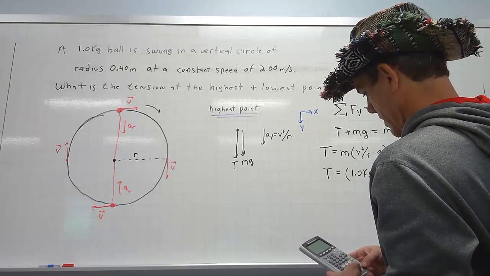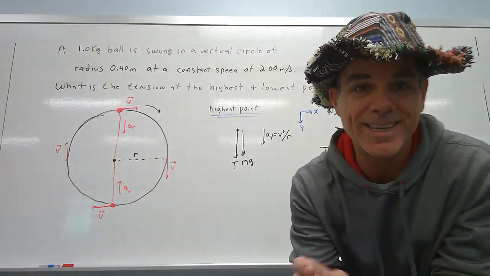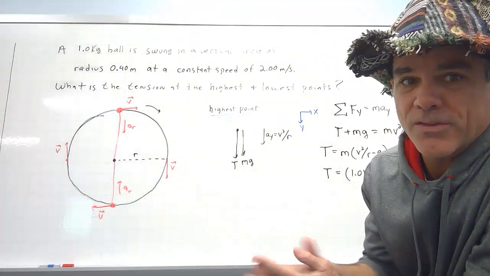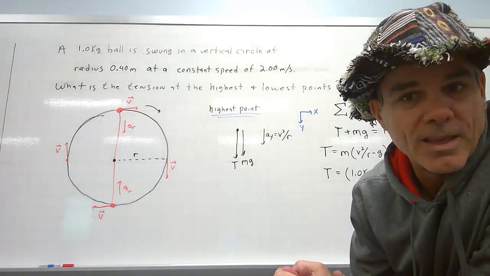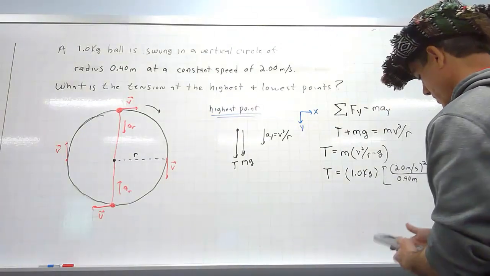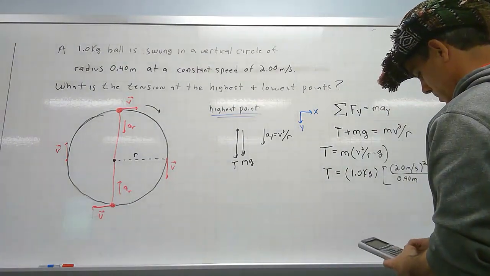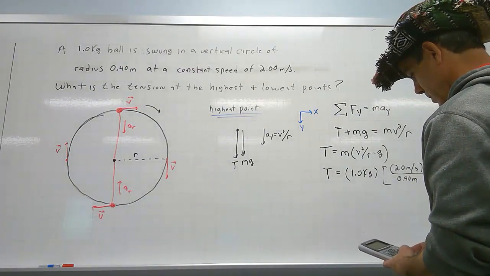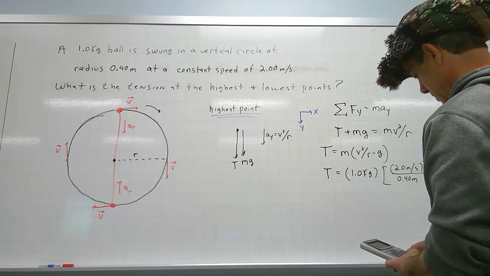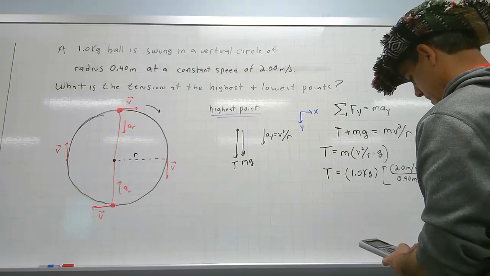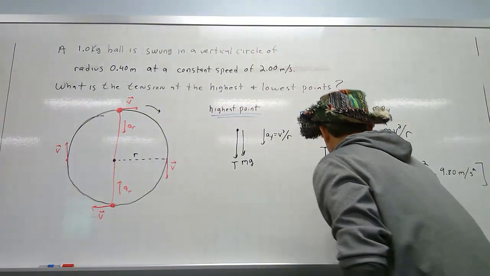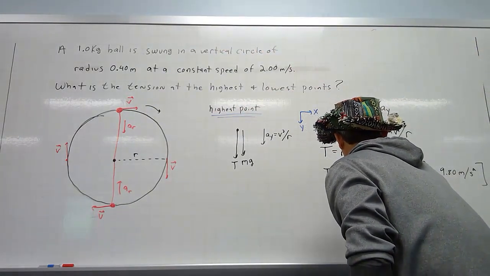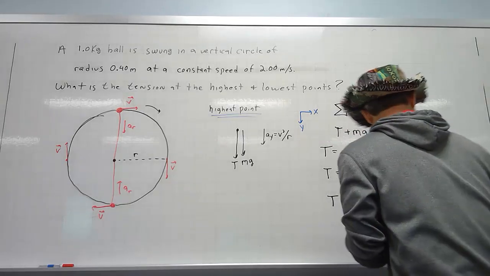I thought that the tension was not going to come out to be a positive number because I just made up these numbers, and it does work out. So actually, I've got 2 squared divided by 0.4 minus 9.8 times 1. So what I get is the tension at the very highest point is 0.2 newtons.